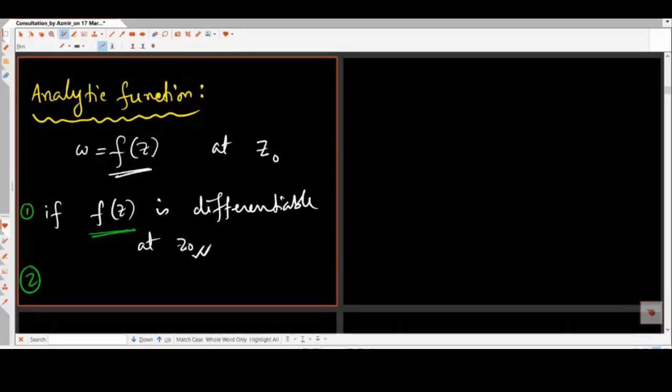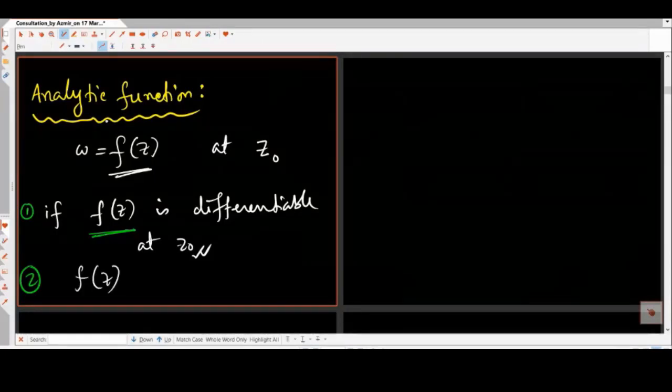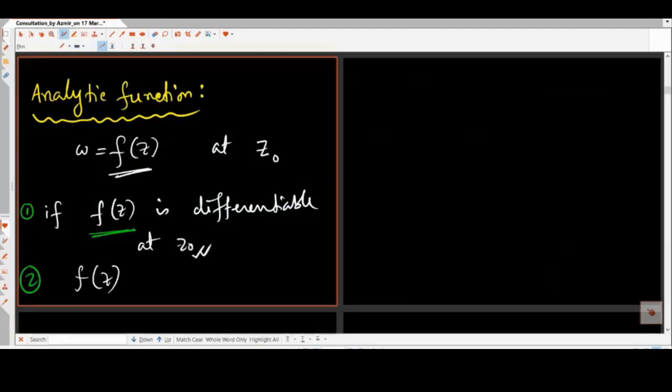But this is not the only condition for an analytic function. This same function f of z should be differentiable in the neighborhood of z0. So a function is analytic if f of z is differentiable at z0.